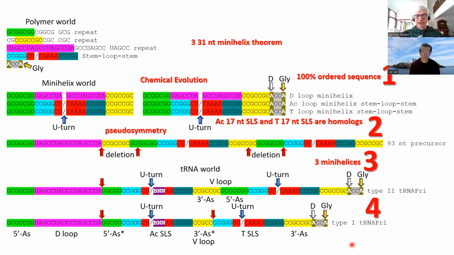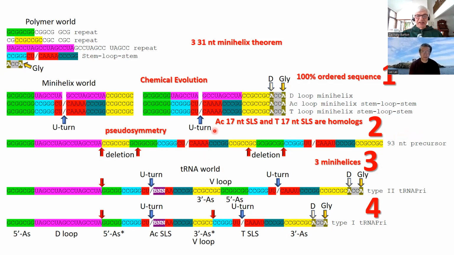And there are 4 points to make about this system. The first point is that it's a 100% ordered sequence. That is to say 100% repeats and inverted repeats, unless you're considering ACCA, which seems to be a primitive adapter to attach glycine.